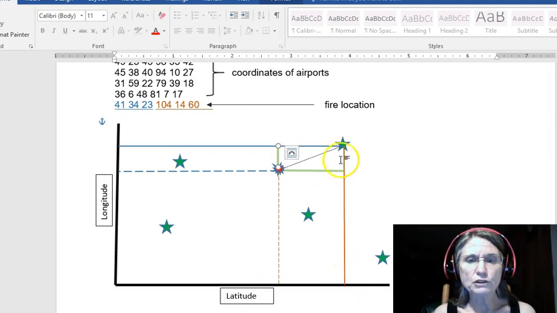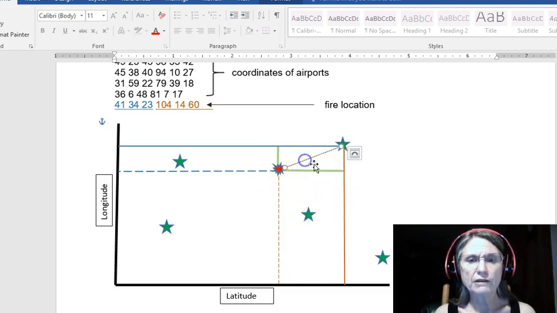So let's get this distance. Say with latitude, we get the latitude in seconds of the airport, the latitude in seconds of the fire, take the difference to get that delta. Now we have one leg of a rectangle, two legs of a rectangle.